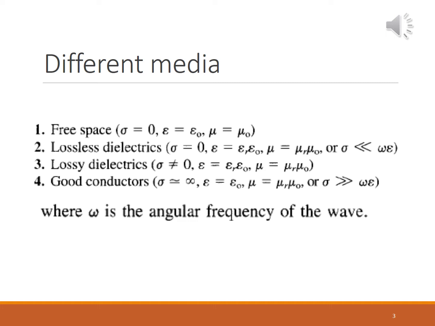But in the case of mu, mu r will have a value depending on the type of conductor. So mu is equal to mu r into mu naught, and the conductivity sigma is much greater than omega epsilon. So this is how the different media through which electromagnetic waves can propagate are classified.